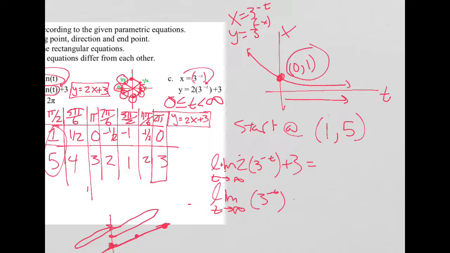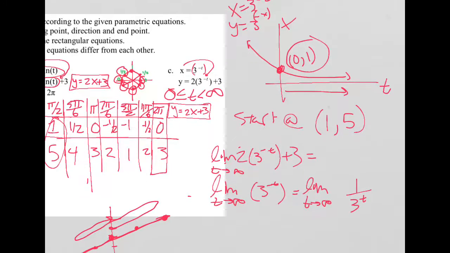That's the same as rewriting this as the limit as t goes to infinity of 1 over 3 to the t, which should allow you to see that the limit for this is going to be 0, which means my x value is going to 0, and my y value is then going to go to 3. So you can think of our, quote, end point as the point 0, comma 3.